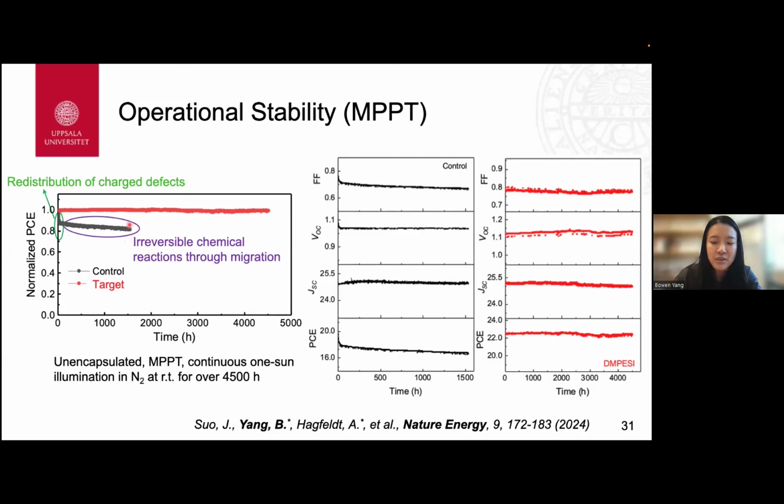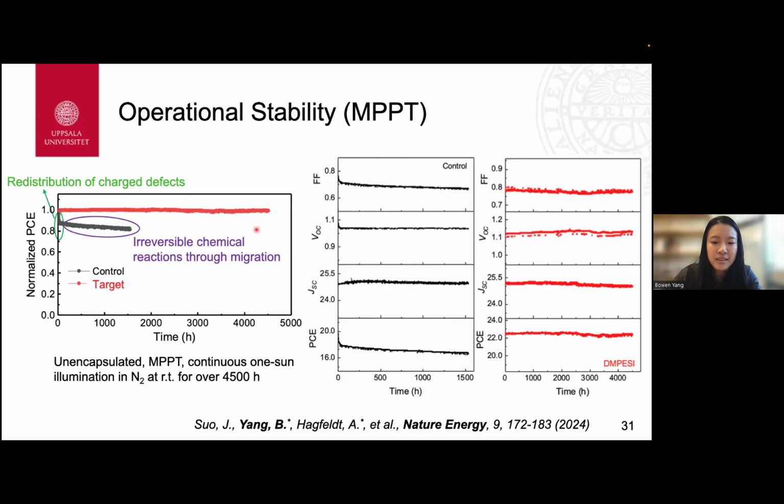And then overall, it leads to about 20% efficiency loss of its initial performance for this control FAPI cells after aging under MPP tracking for like 1,500 hours. This degradation mainly comes from the fill factor and VOC if you zoom into these parameters.